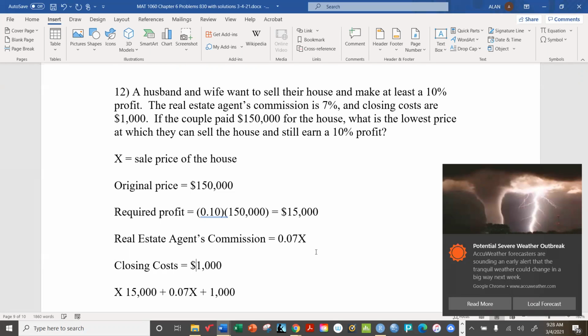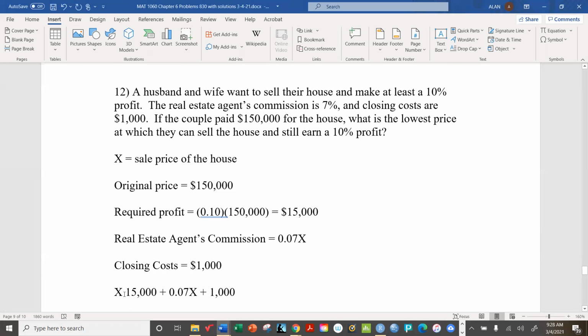So in other words, X, the sale price, has to be enough to cover all of these expenses. So in other words, the first 150,000 is to recover the original price of the house. The $15,000 is their profit. The 7% is the real estate commission, and 1,000 is the closing costs. Now it's set up correctly.